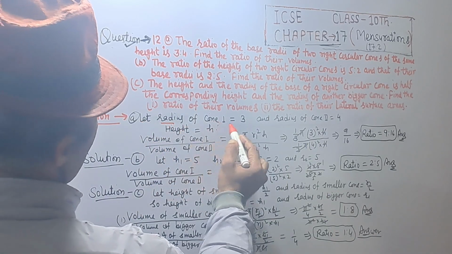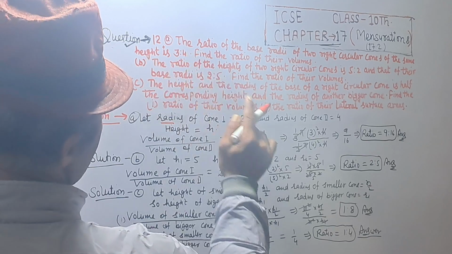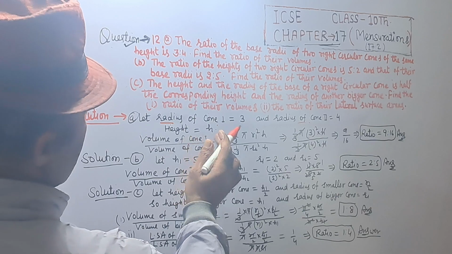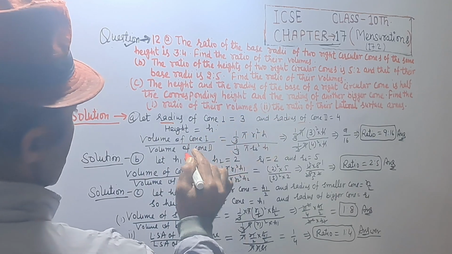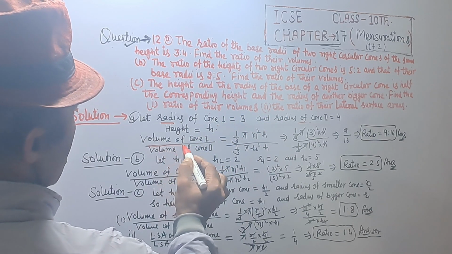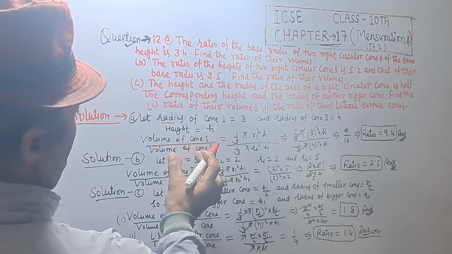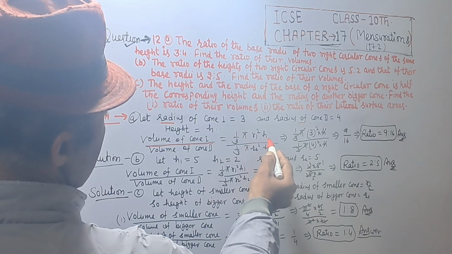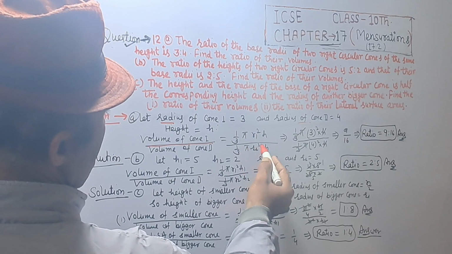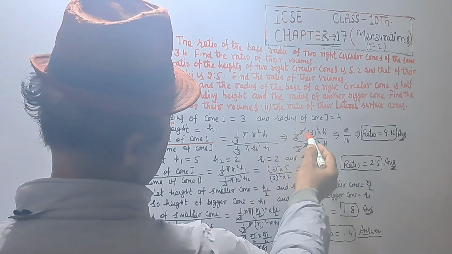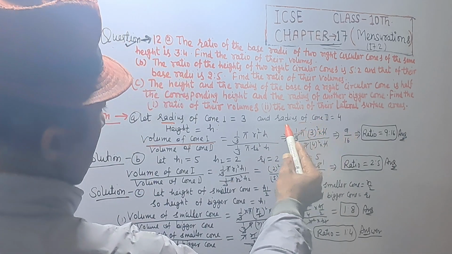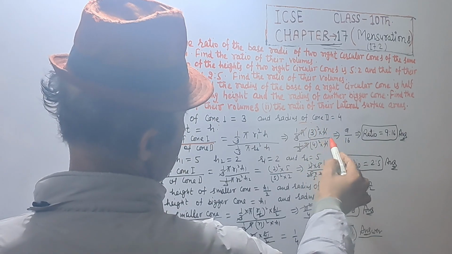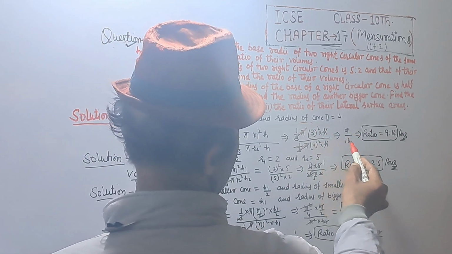Let the radius of cone 1 is 3 and radius of cone 2 is equal to 4. Height is same, that is equal to h. So volume of cone 1 upon volume of cone 2 equal to 1 by 3 pi r1 square h, 1 by 3 pi r2 square h. 1 by 3 pi, 1 by 3 pi is cancel and r1 that is equal to 3 square, h is cancel, 3 3s are 9 upon 4 square is 16.